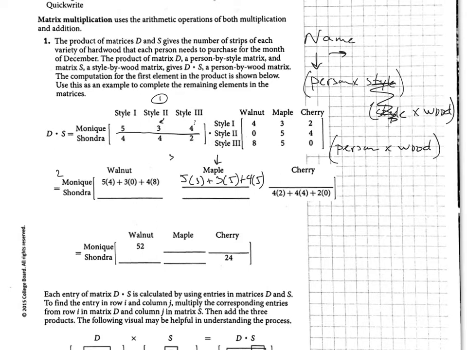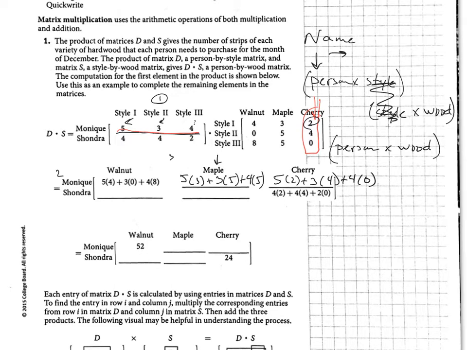So now we're on the cherry. We're right here. So again, we go across and down. So this is going to be, and we start here always, 5, now we're here, times 2, plus 3 times 4, plus 4 times 0.